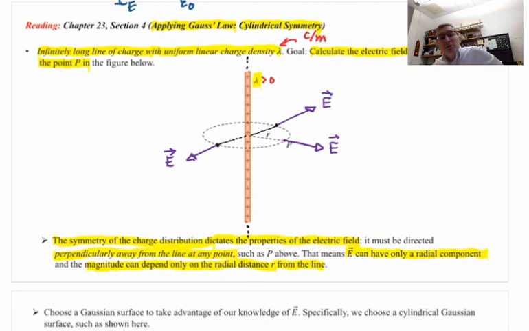All right, so we're going to use that knowledge of how the electric field must point and what its magnitude depends on to help us choose a Gaussian surface that's going to then help us get a very simple form for the electric flux through that Gaussian surface. So the next big step is key: using our knowledge of the electric field vector to choose a Gaussian surface that we can apply Gauss's law to.